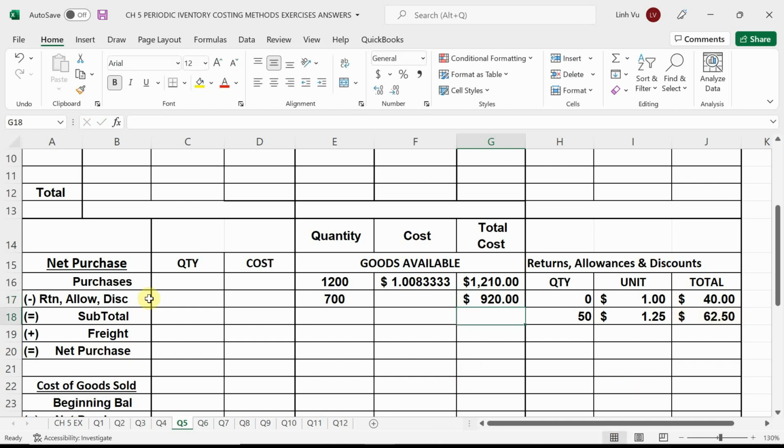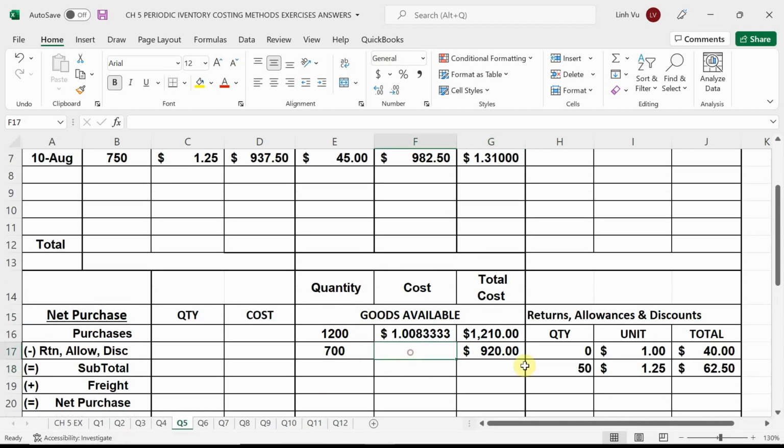So now I have a new total cost and a new quantity. Therefore, I need to solve for a new cost per item. So I'm going to take 920 and divide it by 700 items. How much is it going to cost me per item to sell?